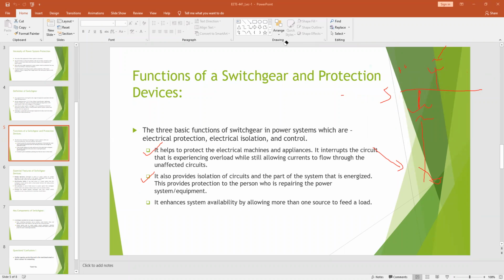The fact is that, do you have any idea about parallel operations or interconnected grid systems? Do you have any idea about interconnected or distributed grid systems?